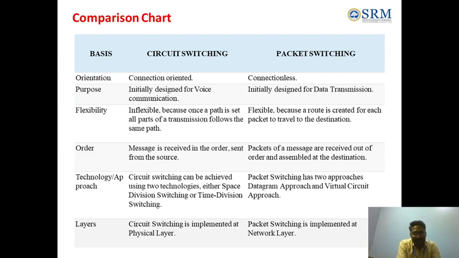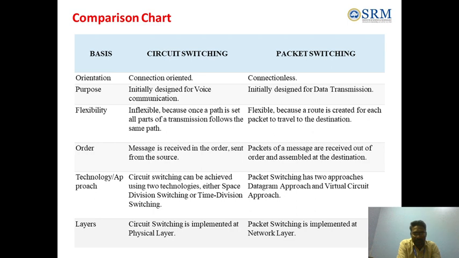Circuit switching is inflexible: once the path is set, all transmission follows the same path. Packet switching is flexible: it can create a path and travel through it to reach the destination.